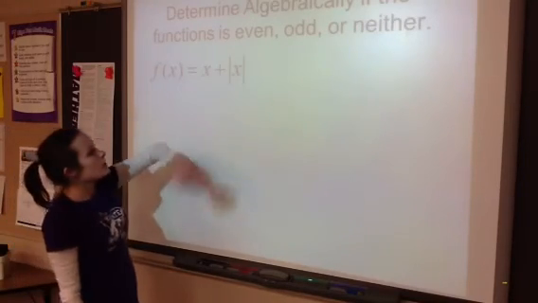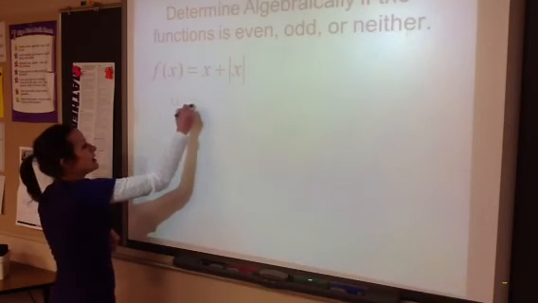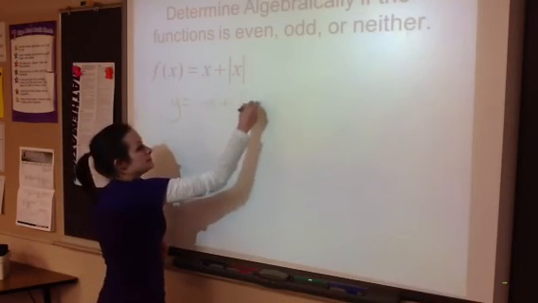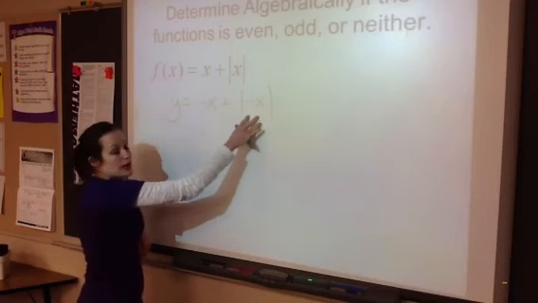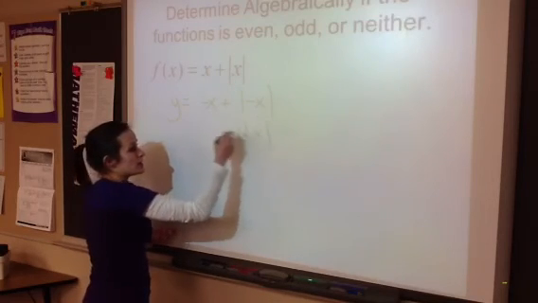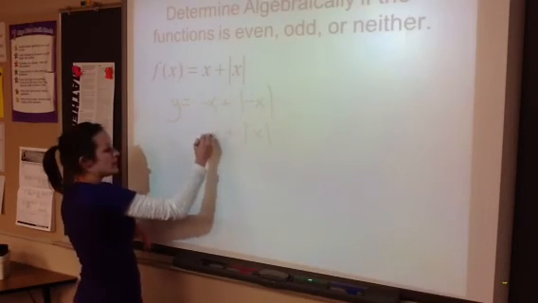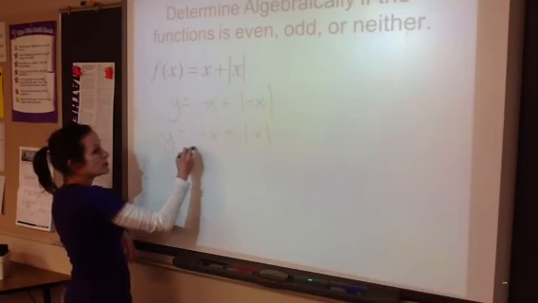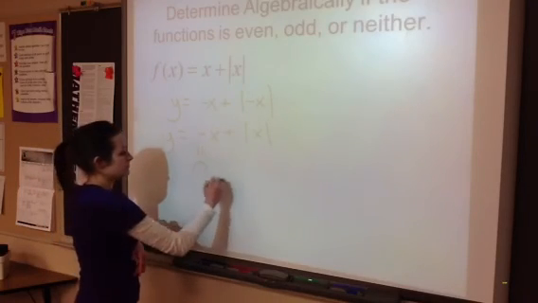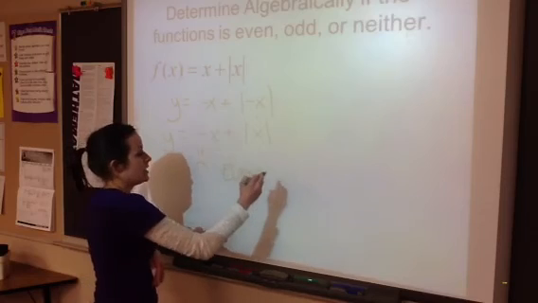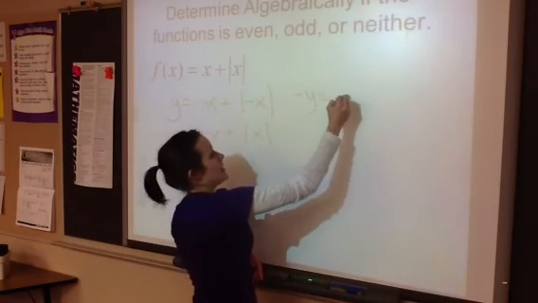All right, so even, we put in negative x. The absolute value of negative x would simplify to just positive x. However, this negative x would not simplify, so it's not even. Put in negative y and negative x.